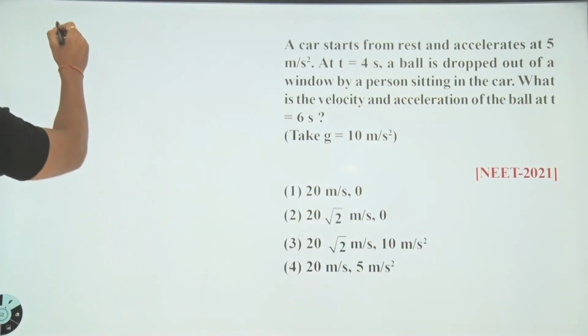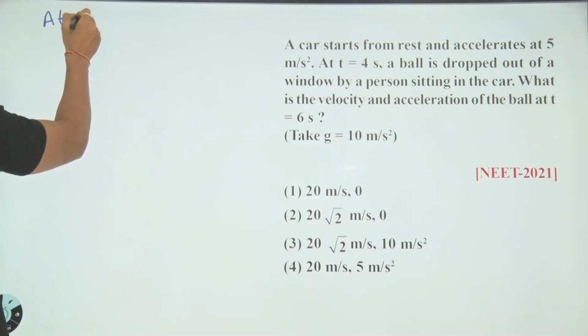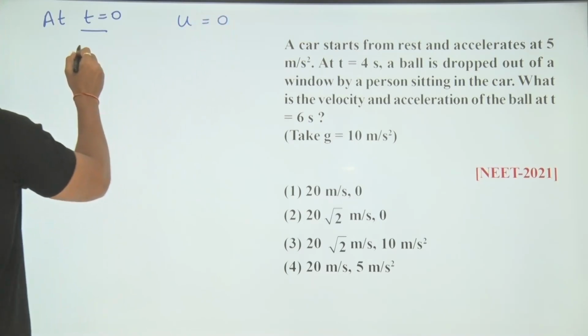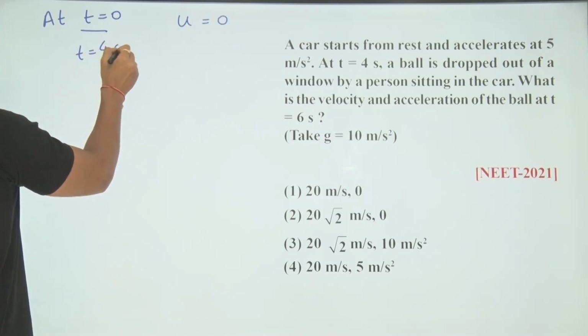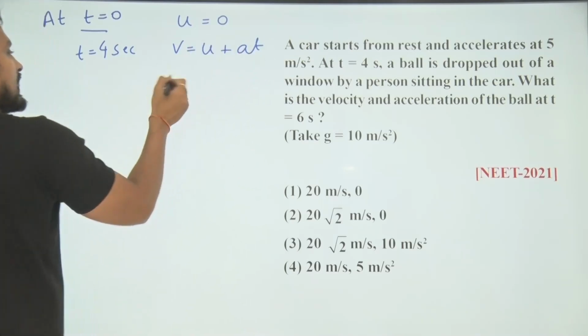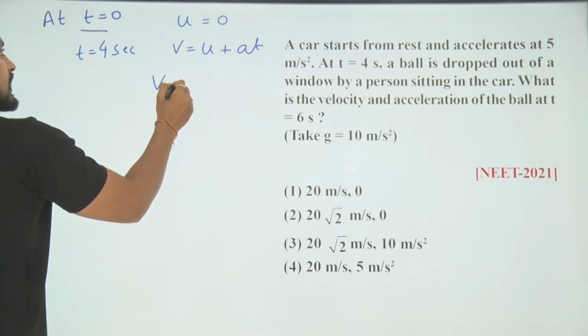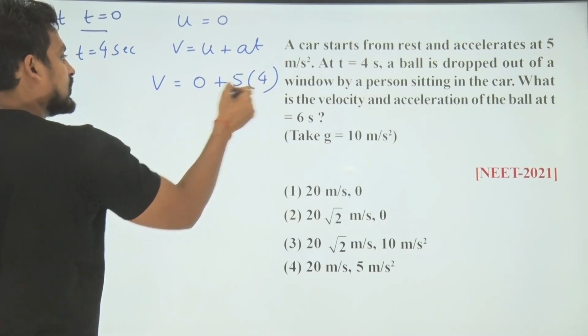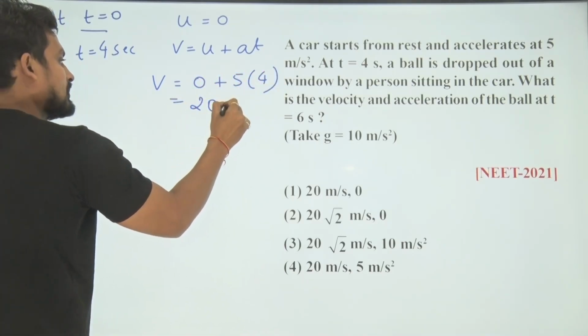So can we say at t is equal to 0, initial velocity is 0. At t is equal to 4 seconds, I would say v is equal to u plus at, where velocity is equal to initial velocity plus 5 into 4, and that gives me 20 meter per second.